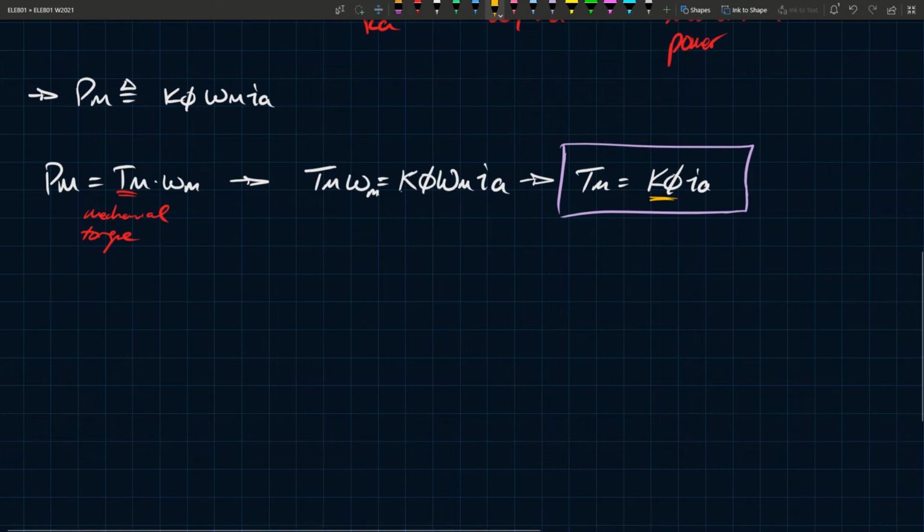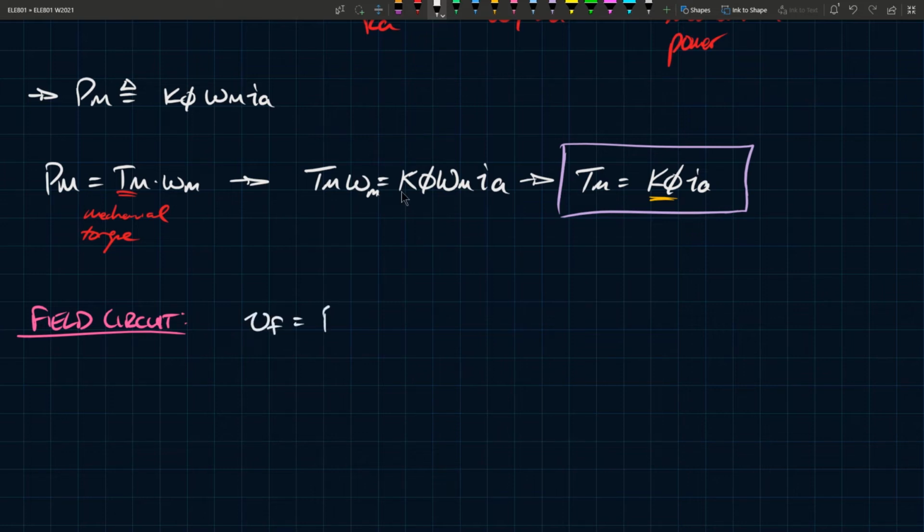Now if we look at the field circuit for a second. We looked at the armature circuit and developed some understanding, but in the field circuit you have VF equals RF IF plus d lambda sub f by dt. Now this VF is probably going to be troublesome if you think about it relative to the final, steady state speed.